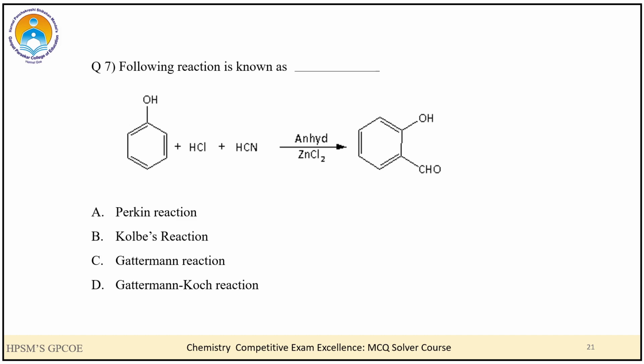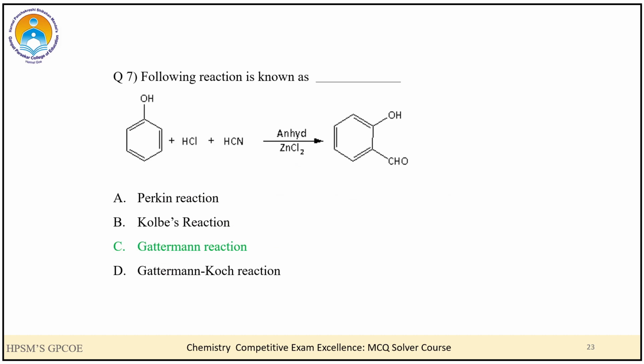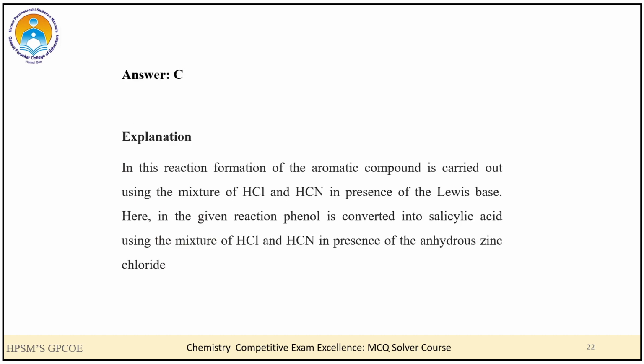So here from the reagents we can directly say that it is a name reaction, that is Gattermann reaction, wherein it leads to formation of aromatic compound. It is an example of reaction wherein formation of aromatic compound is carried out using mixture of HCl and HCN in presence of Lewis acid.